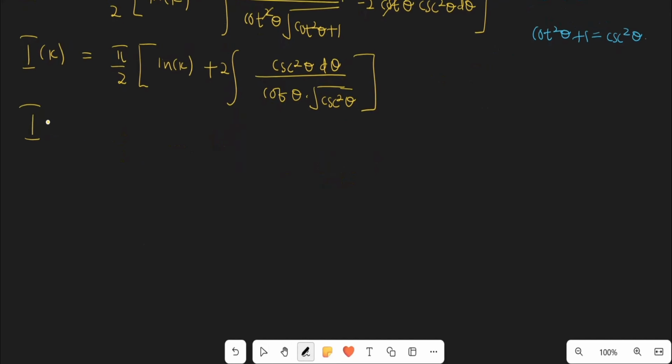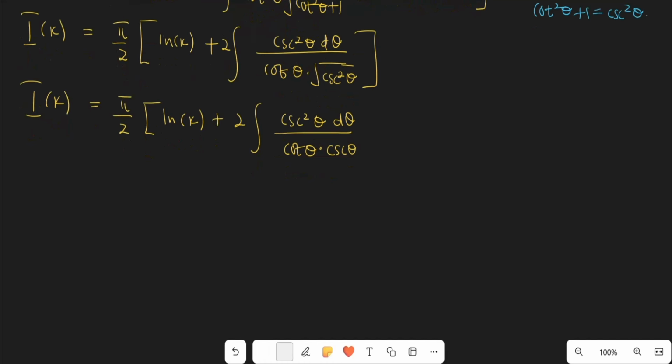Alright, so I of k is equal to pi over 2, right? So we have the ln of k plus 2 times the integral of the cosecant square of theta d theta divided by the cotangent of theta, and this is multiplied by the square root of the cosecant square of theta, which is the cosecant of theta, like this.